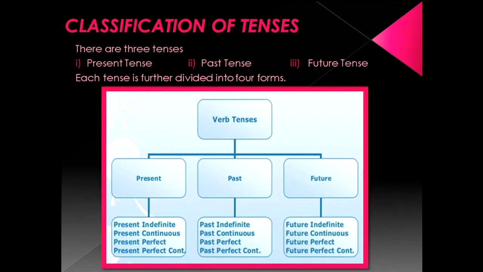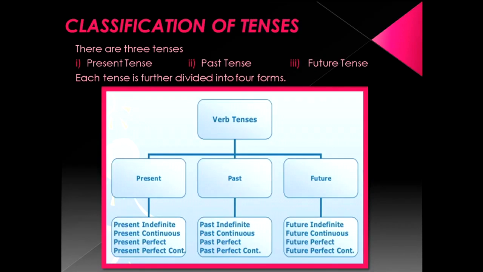Now you can say that present indefinite is also known as simple present. Instead of indefinite, you can also use the term simple. So it is simple present, present continuous, present perfect and then present perfect continuous.